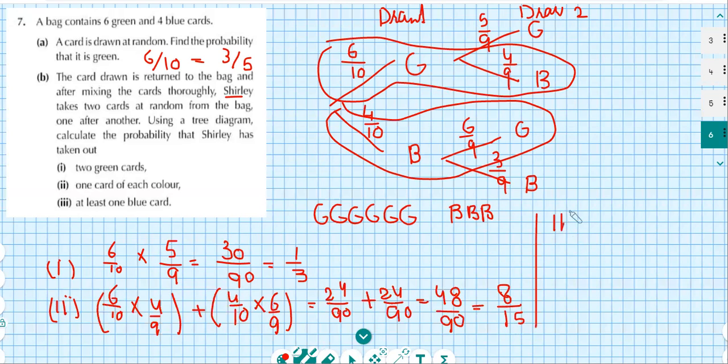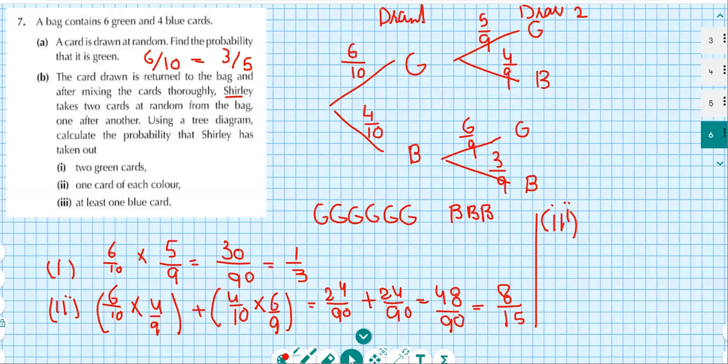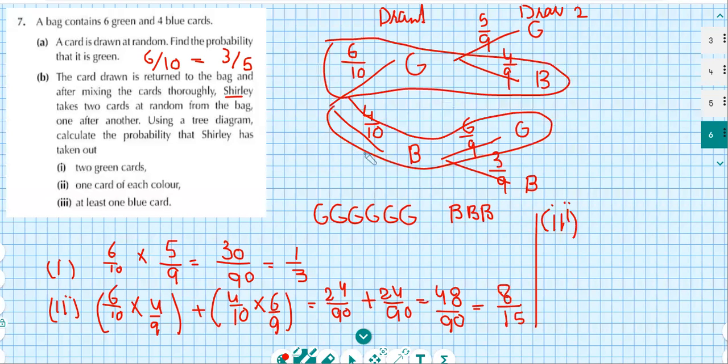Part 3. At least one blue card. That means the first, second, and third branches.